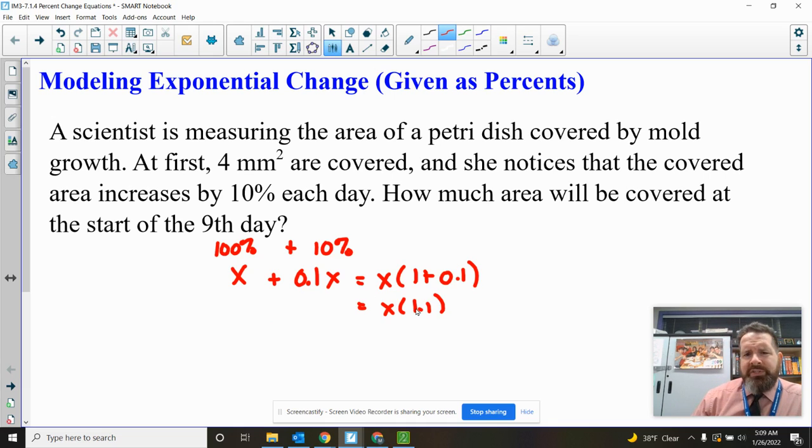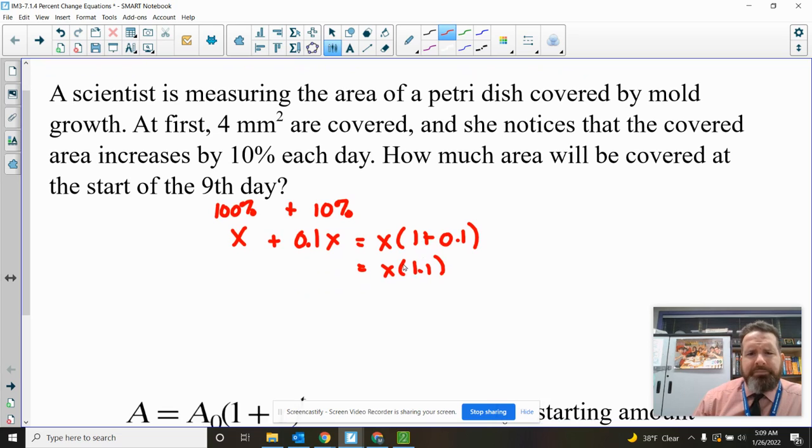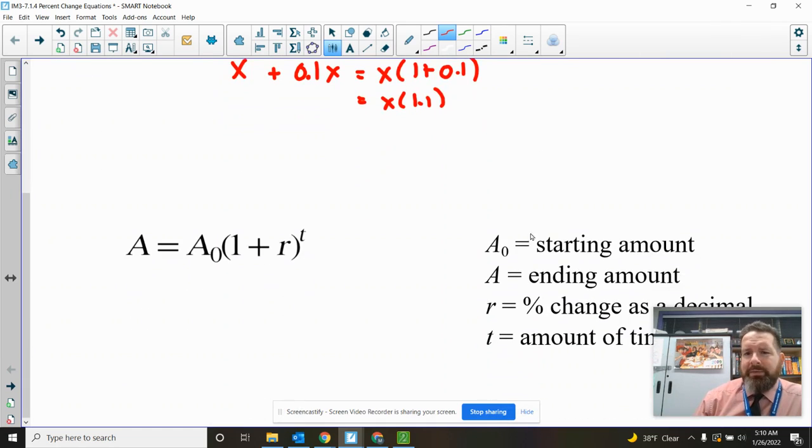So let's turn this now into a general format. If X represents the amount I was starting with, the 1 just means, hey, I'm going to keep everything I started with. Then we're going to add on some more, that extra percentage being represented as that decimal. We can turn that into our exponential change equation. So here it is down here.